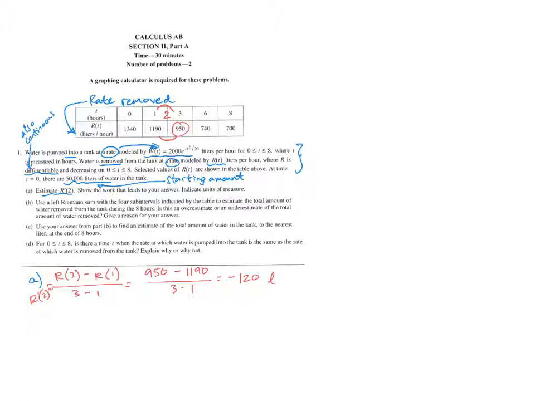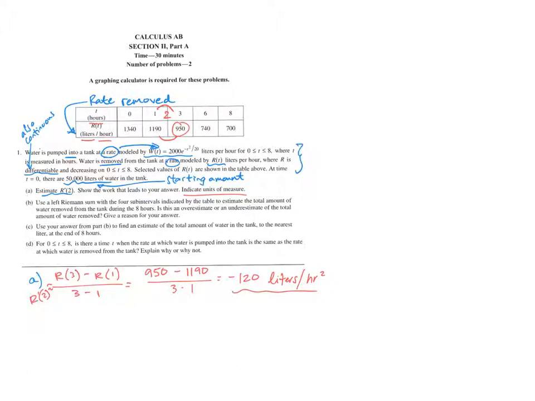It says indicate units of measure. Since it's the derivative, the rate of change of R, that means it's going to be liters per hour squared. Cool. So there's a happy answer for number A.